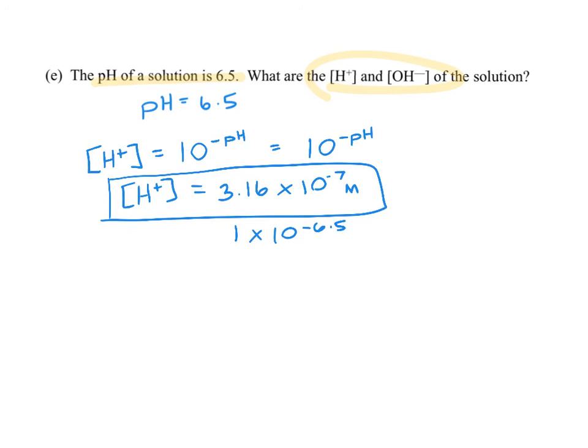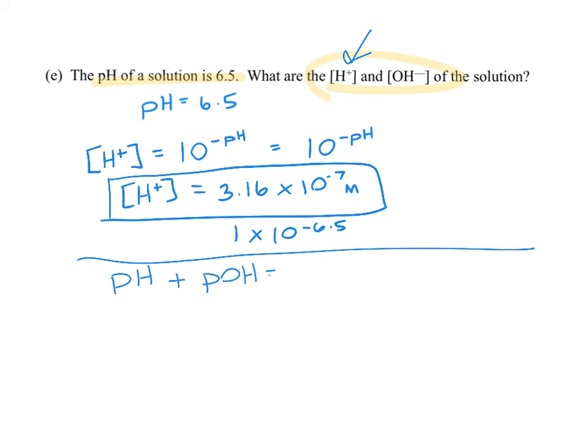So please note, we've only answered this part of the question. We have not answered the whole question yet. So the other part of the question is, what is the OH minus? There's a couple ways you could do this, but probably the easiest way is going to bring in another formula, which you remember: the pH plus the pOH should equal 14.